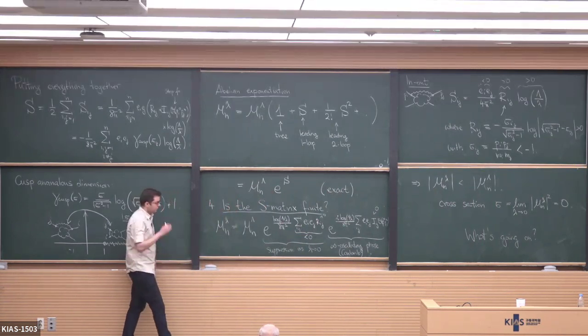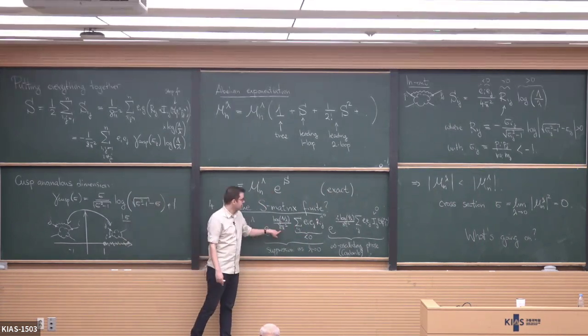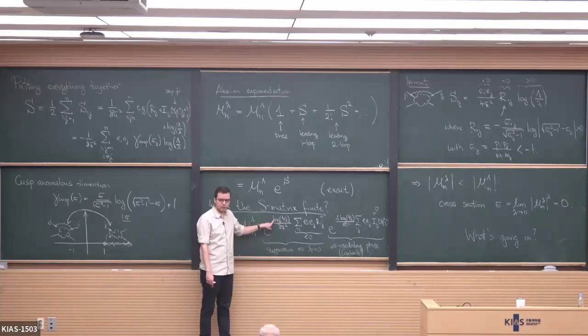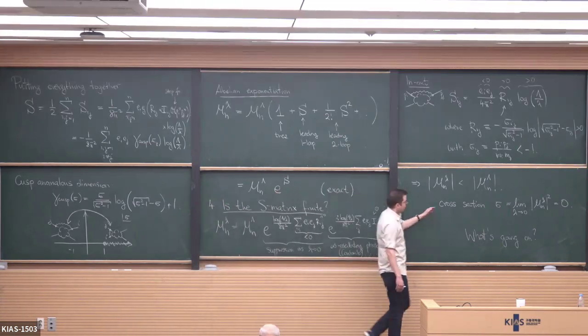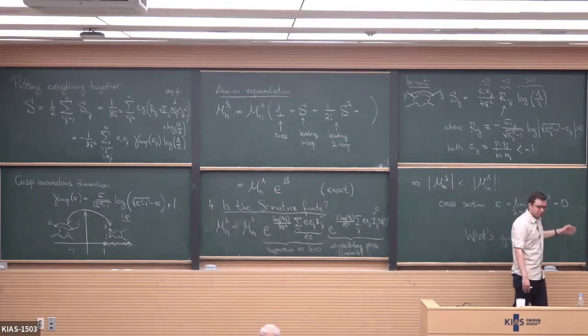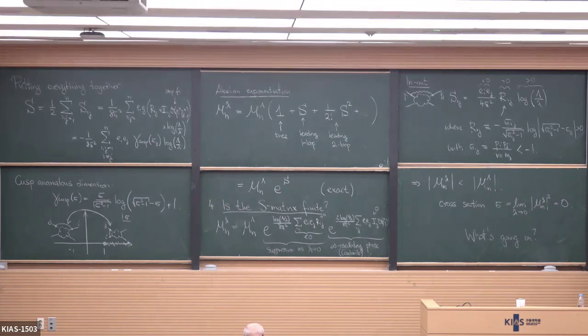And moreover, the more careful analysis of the sign told us that the sign is negative, so it's the exponential suppression. So we went from analyzing what we thought are divergences, but we ended up finding out that the cross-section, as a consequence of those divergences, is equal to 0. So what's going on?